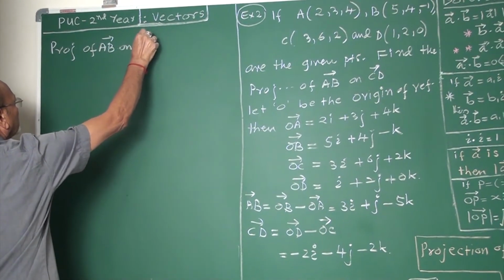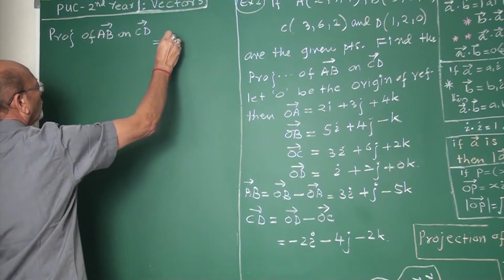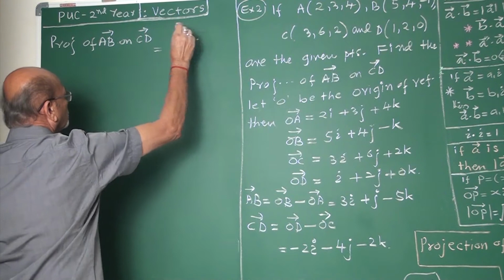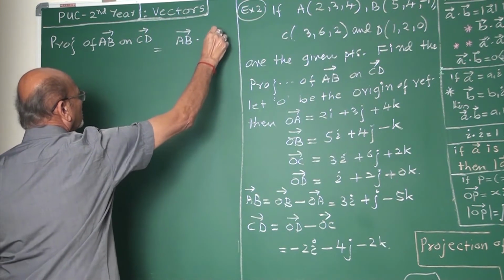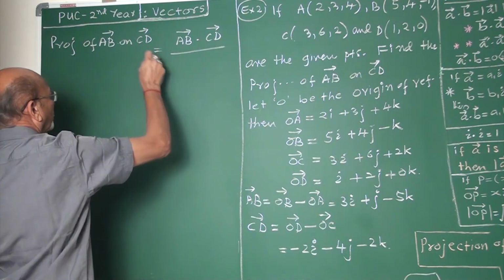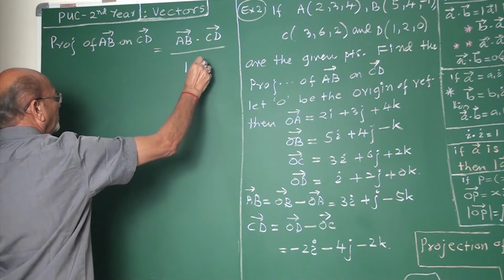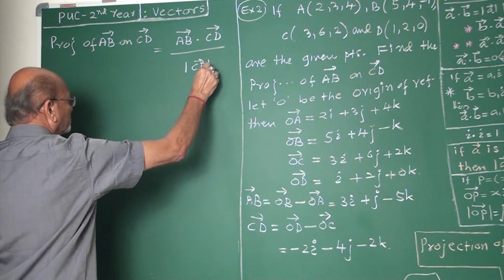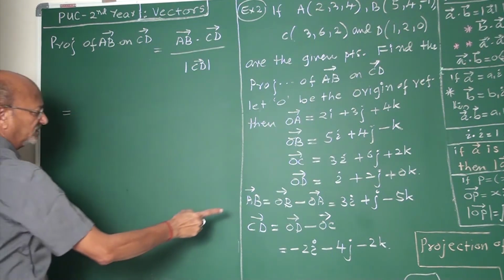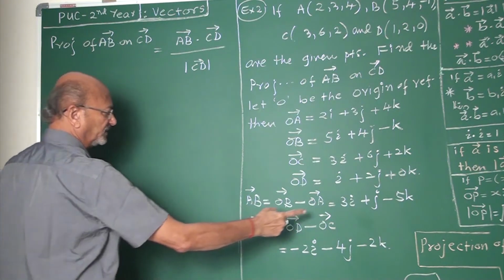Vector CD is equal to vector AB dot vector CD. Denominator is the magnitude of vector CD. Yes, my friend. This is AB, this is CD.